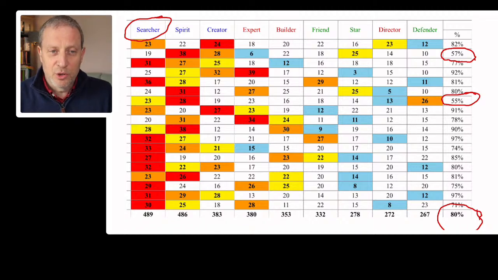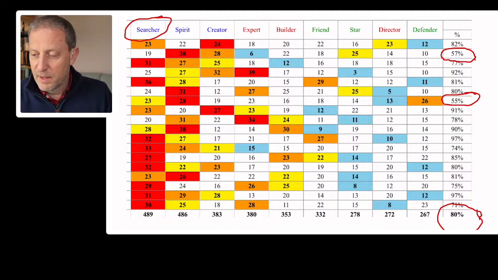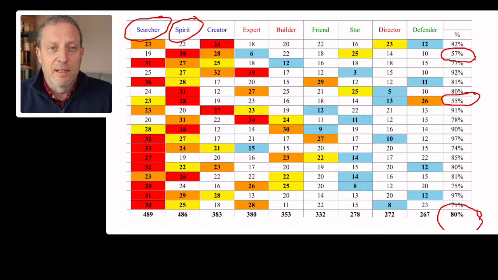So the strongest motivation in this team is to make a difference and do something worthwhile. The second strongest is the Spirit motivator, so that's freedom, autonomy. And both of those, out of the 18 people, 14 people have either Searcher or Spirit in their top three. So about 75% have them in their top three.